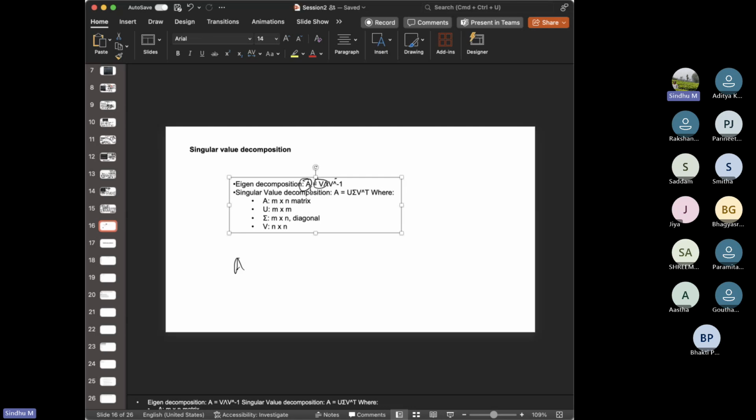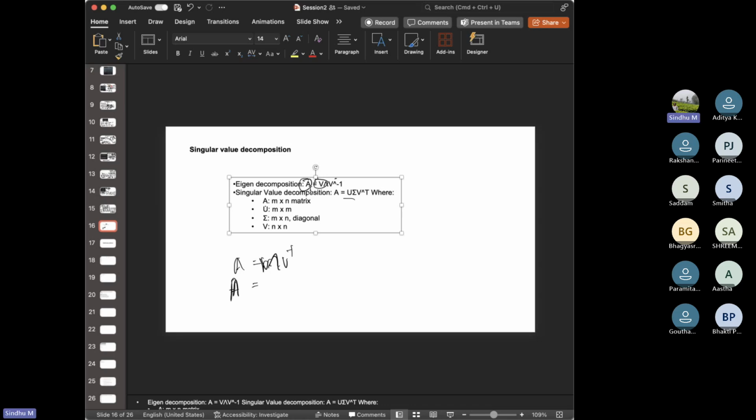So in eigen decomposition, we are writing it in this form, V inverse. And singular value decomposition, if it is a matrix A, then we are writing it as these three matrices.